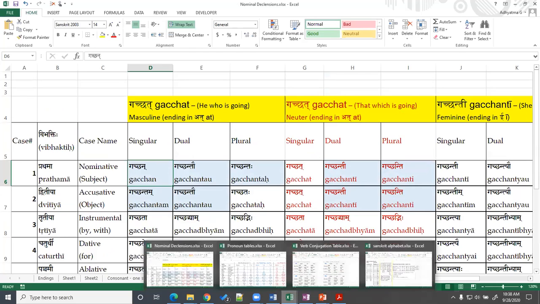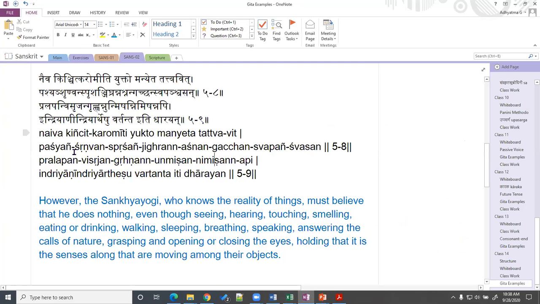Similarly, this is just a series of words in the present participle form. That means while seeing, while hearing, while touching, while smelling, while eating, while going, while sleeping, while breathing, while crying, while excreting, while taking in, while blinking.